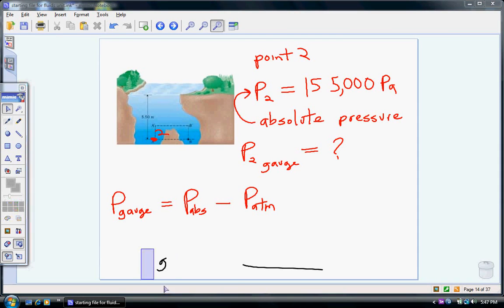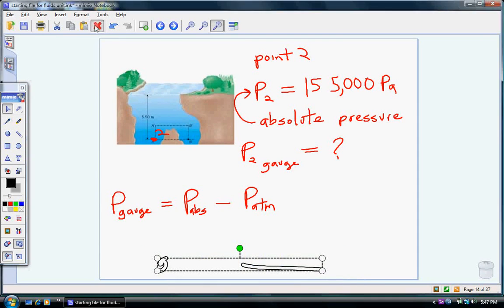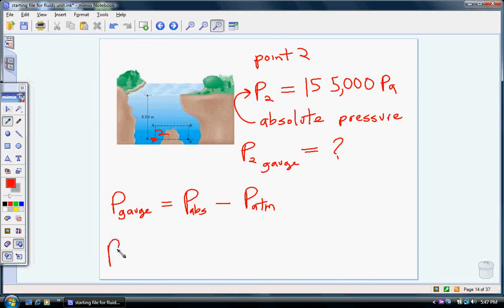So the gauge pressure is going to be equal to the absolute pressure of 155,000 pascals minus atmospheric pressure, which is 1 times 10 to the 5th, or 100,000 pascals.